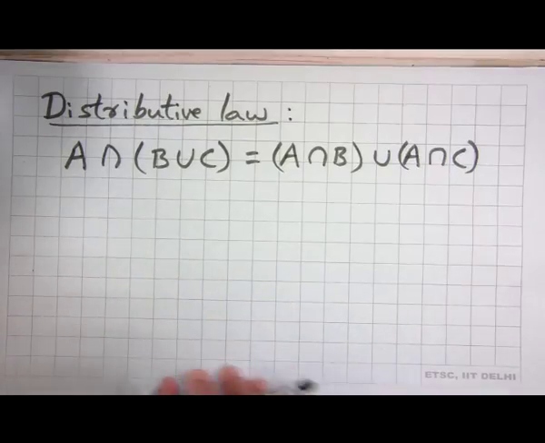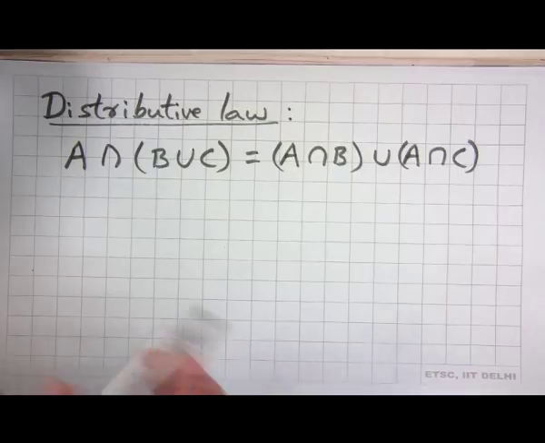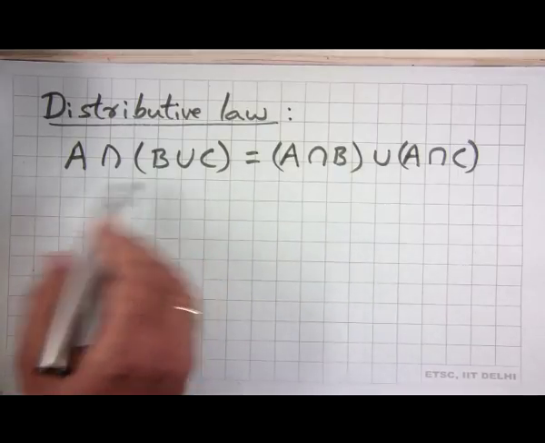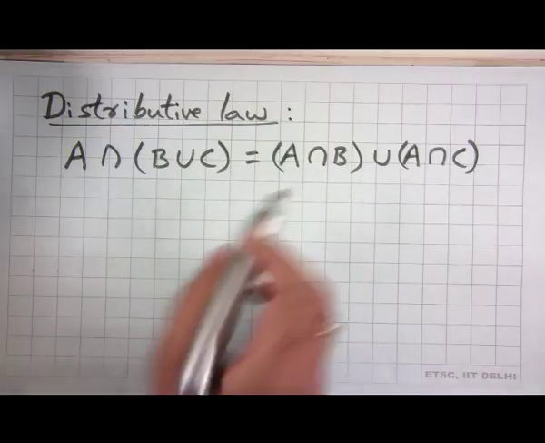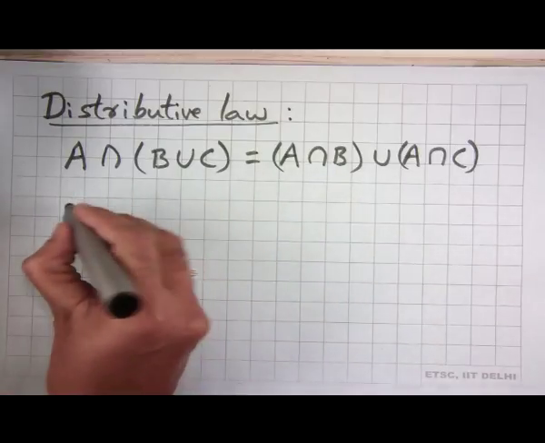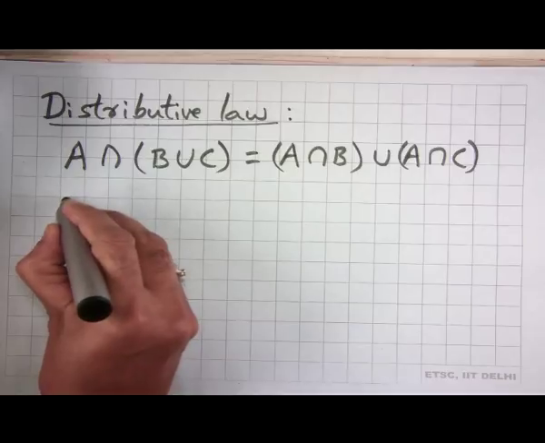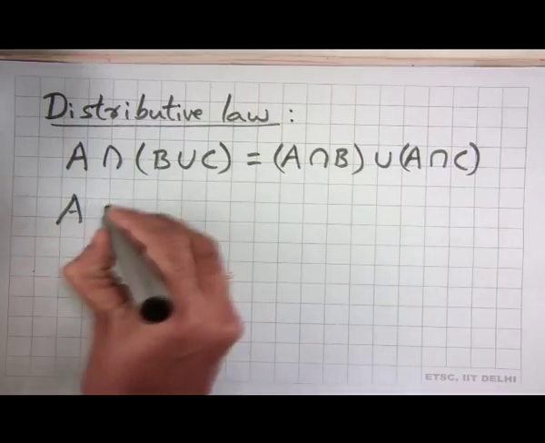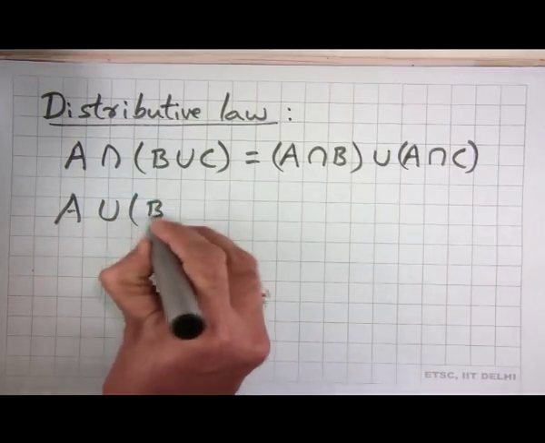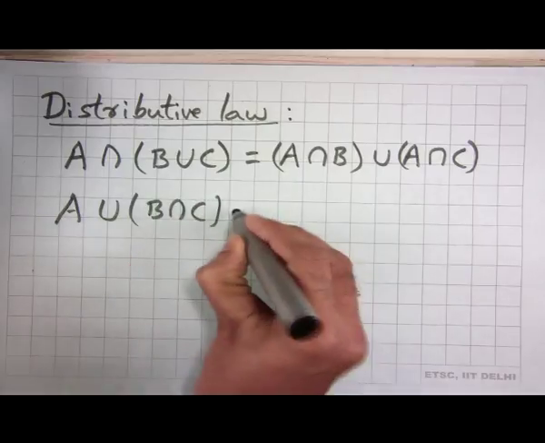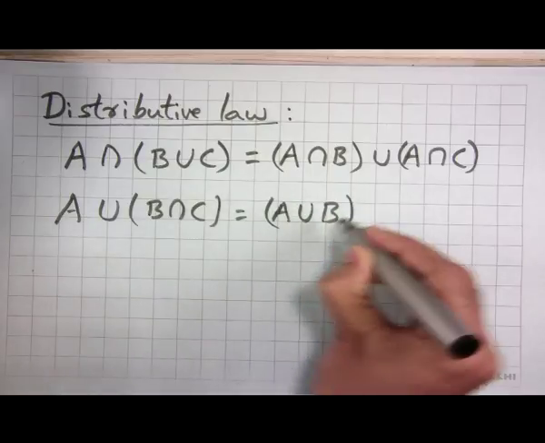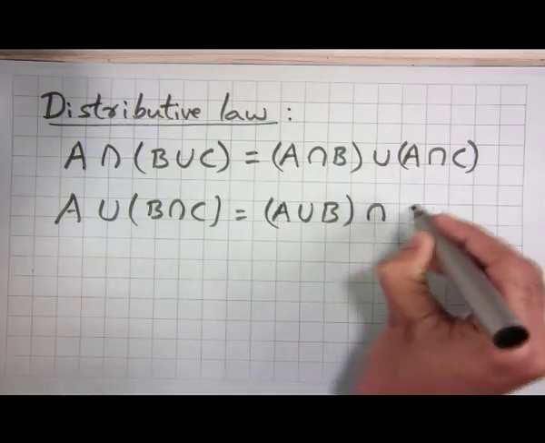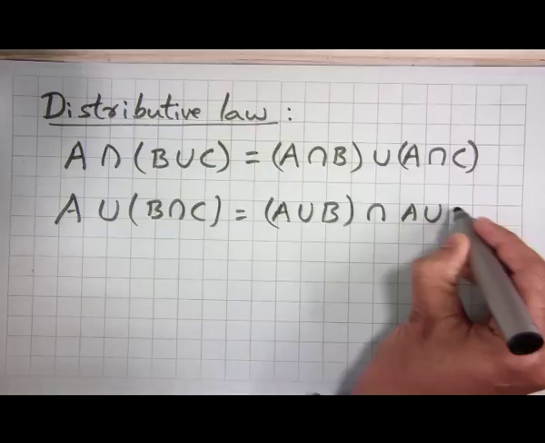The analogous thing is that if you have product and sum, then A times B plus C is A times B plus A times C. And also A union with B intersected C is A union B intersected with A union C.